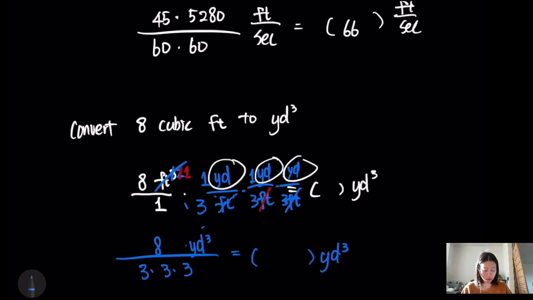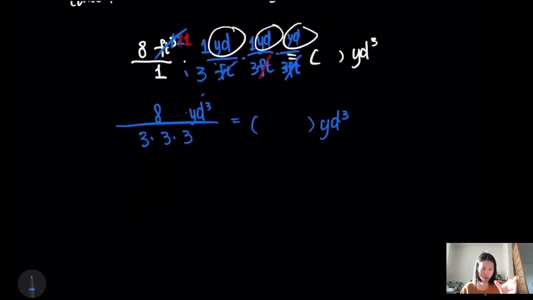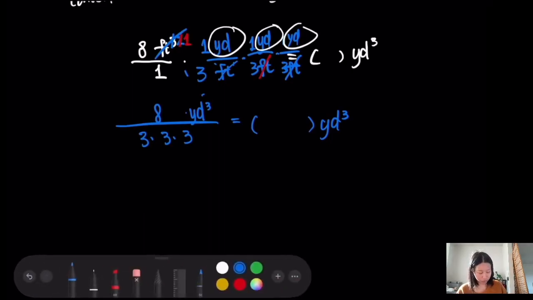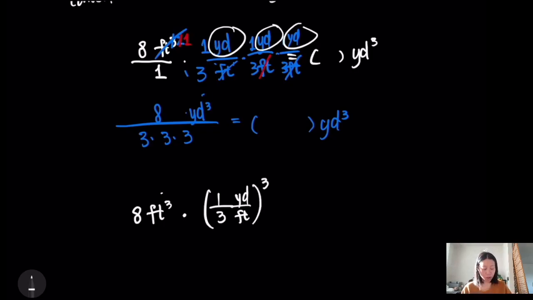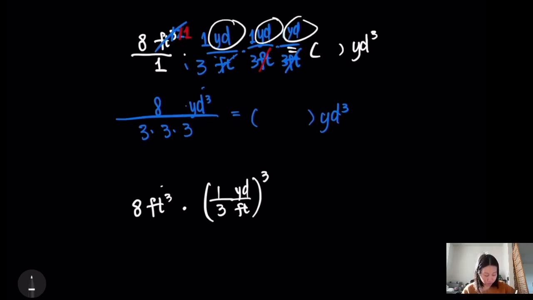So if I merge these together, I will have 8 cubic feet, and I need to multiply the conversion unit, which is 1 yard equivalent to 3 feet. We need to raise it to the 3rd power so that they can cross cancel the unit with 3rd power.